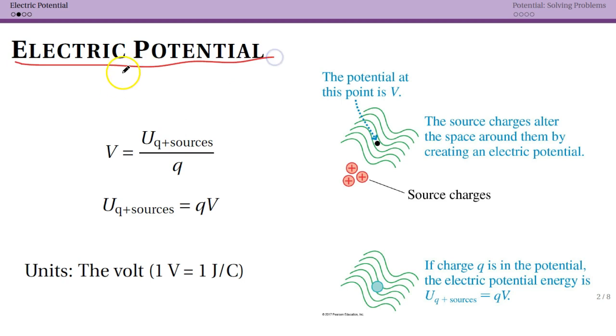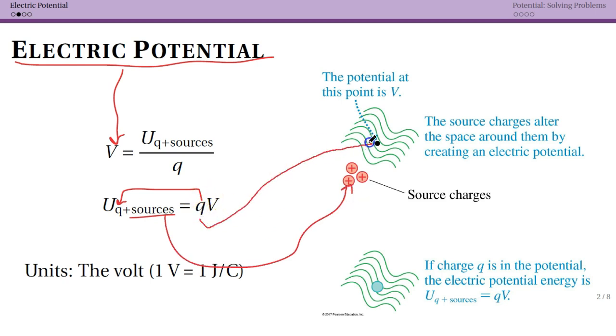So electric potential is this V, and that's going to be the potential energy divided by the charge you're specifically thinking about. Or you can rearrange this to say that the potential energy of a specific point charge and all of the sources that it's near is going to just be equal to Q, that charge, times the potential at the point it's located at.